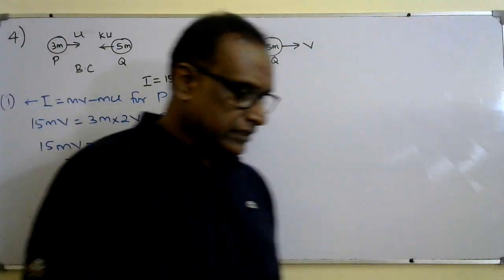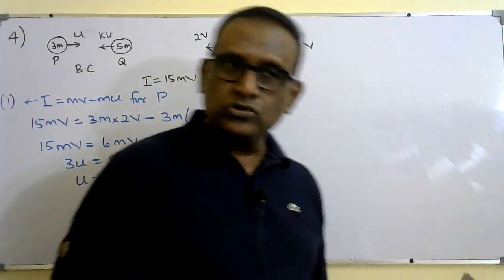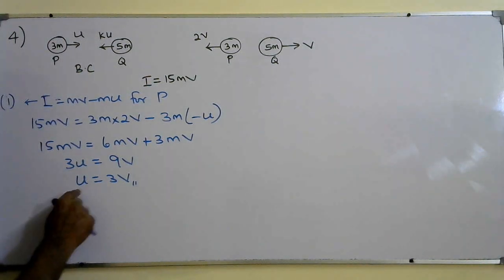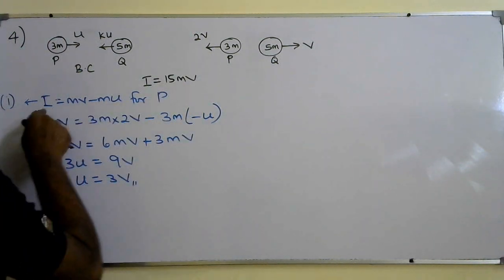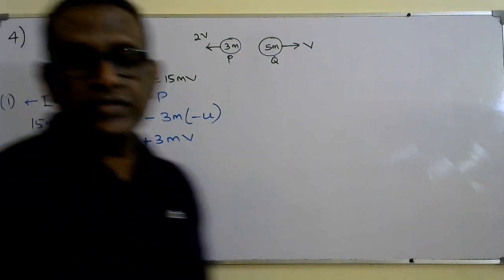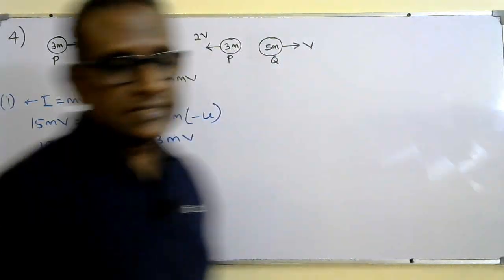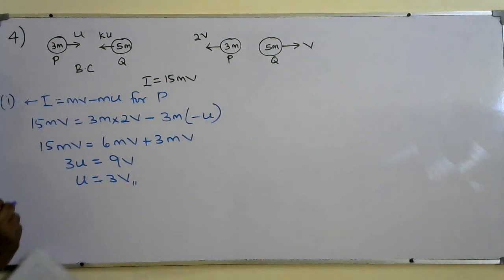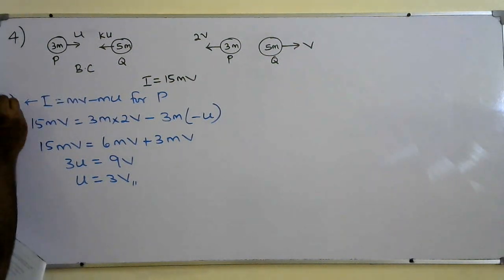Okay, second part, B part, find the value of k. Now use it, I know the relationship between u and v. Now use the same equation, I equals mv minus mu for the Q, or you can use the law of conservation of momentum, either one, you'll get the same answer. But I'll use, this is A part.